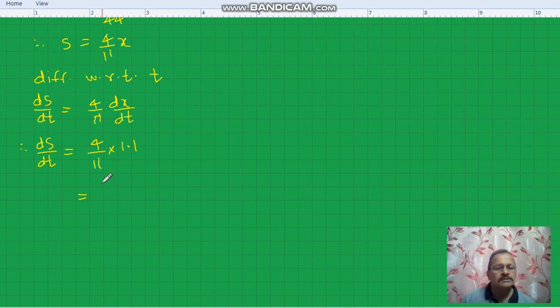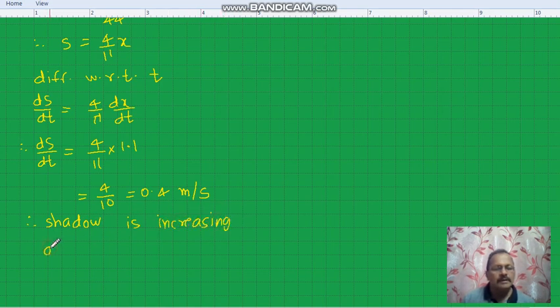So answer is 4 upon 10, that is 0.4 meter per second. Therefore S, shadow, is increasing at the rate 0.4 meter per second.